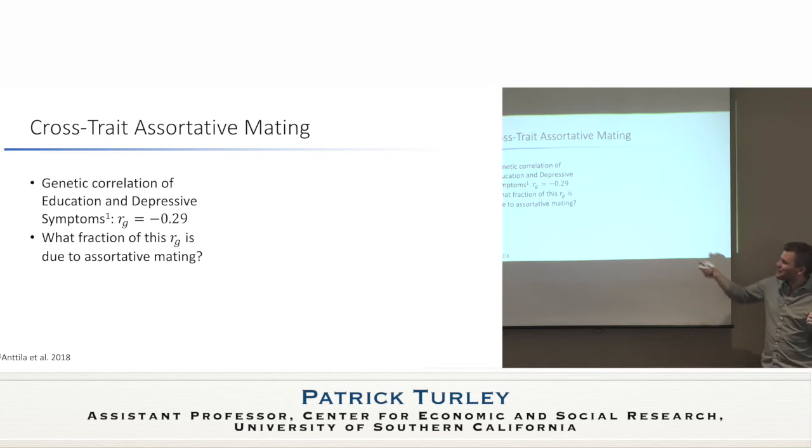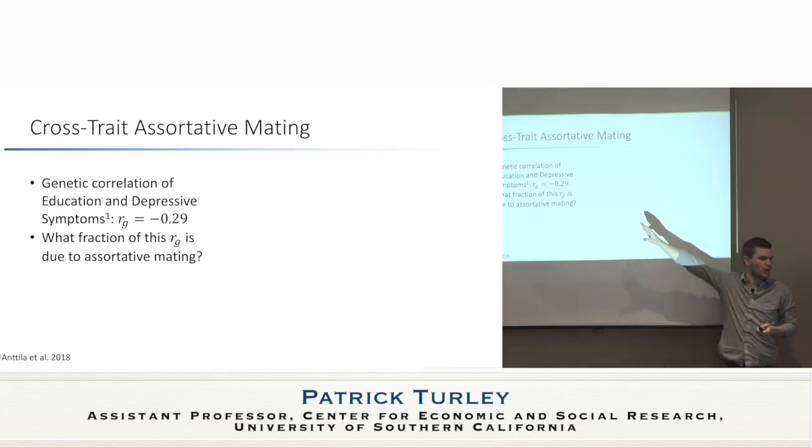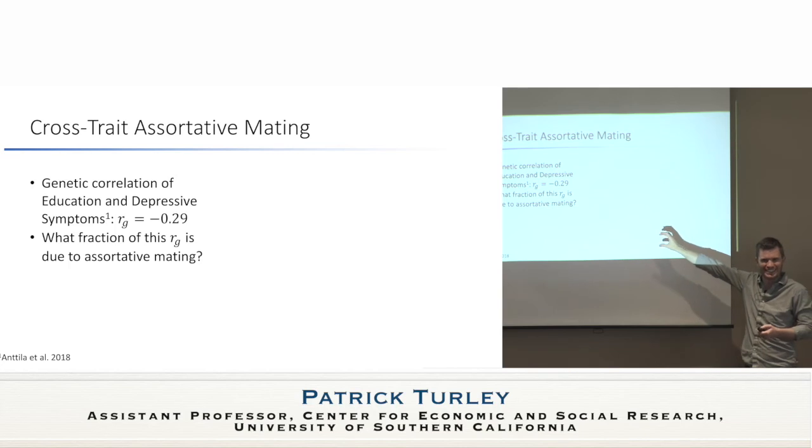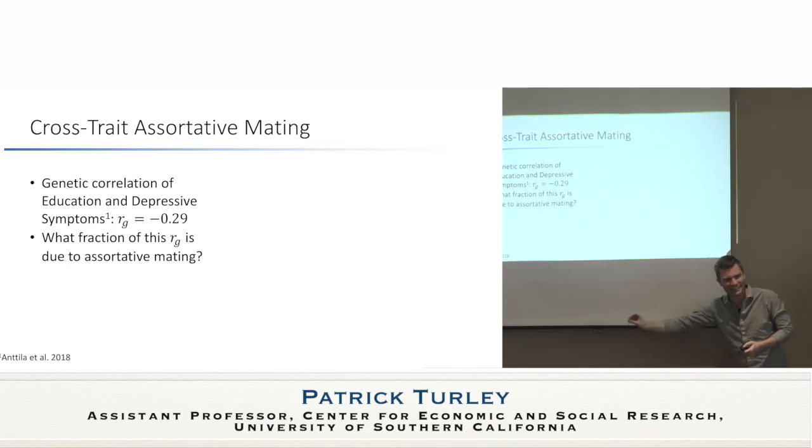Okay. The question, though, is whether this rG could be driven by long-range LD from assortative mating. If we can difference out all of the rG that's due to long-range LD, we can maybe get an estimate of how much of this genetic correlation is being driven by assortative mating.